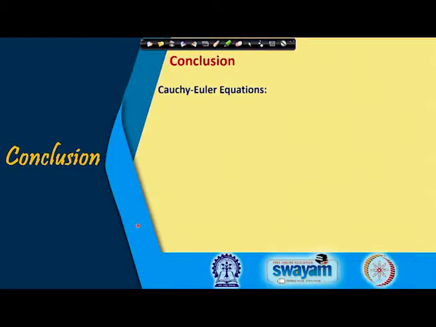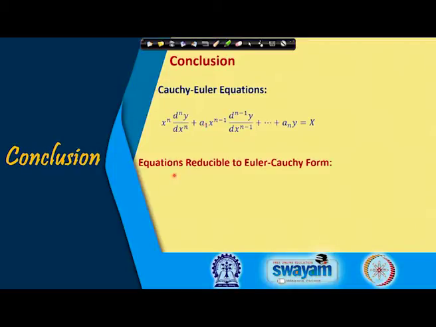Coming to the conclusion here, we have discussed today the Euler-Cauchy equations, which are a special form of equation in terms of the coefficients x power n minus 1 with the n minus 1 derivative and so on. And we have also discussed the equations reducible to Cauchy-Euler form, in particular the form where instead of x power n we have (a plus b x) power n.